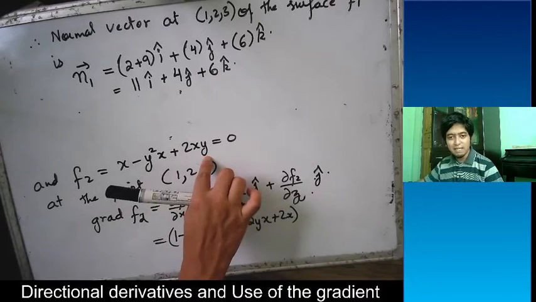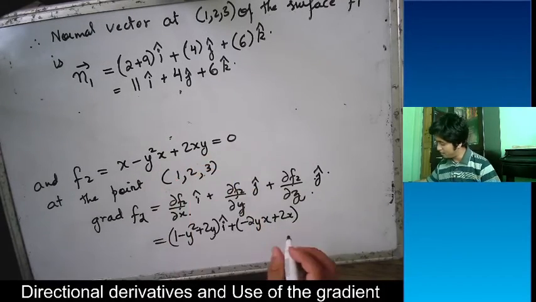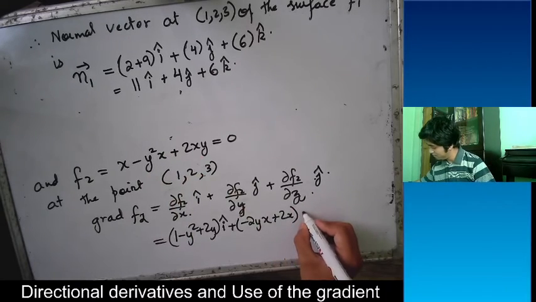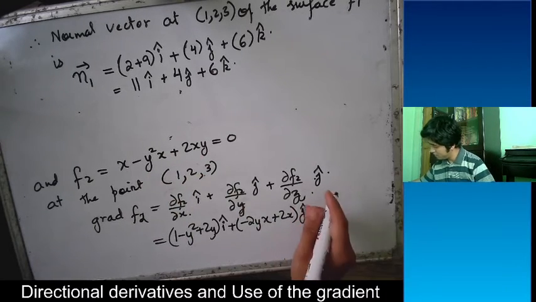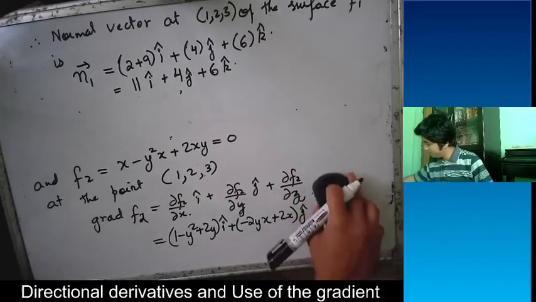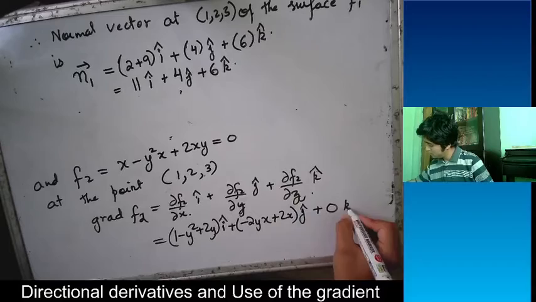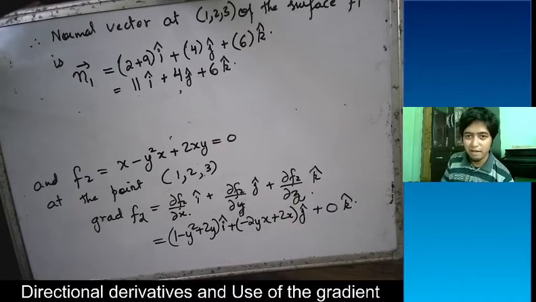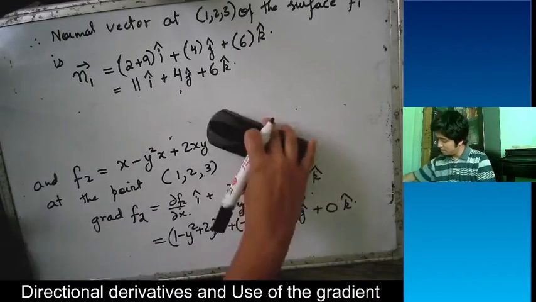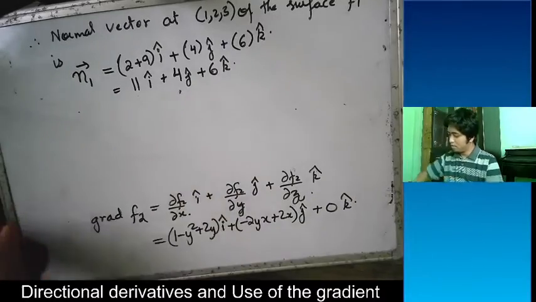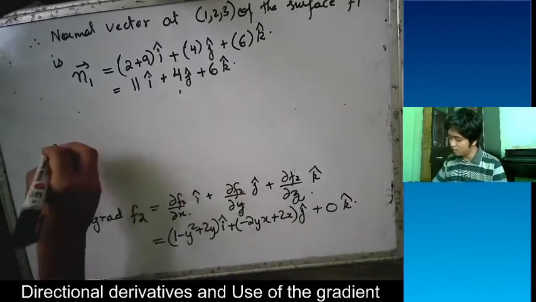Differentiated with respect to z, you will be having 0, over here should be k. Okay, so this is what we are having.